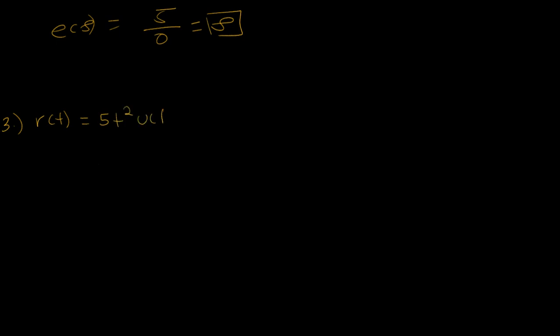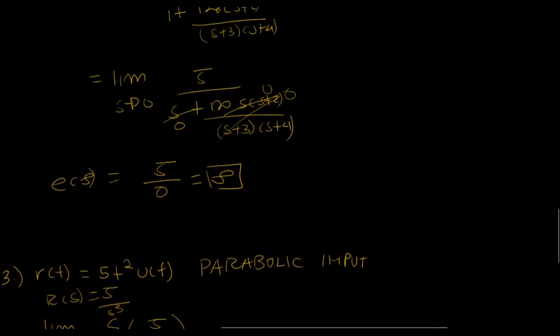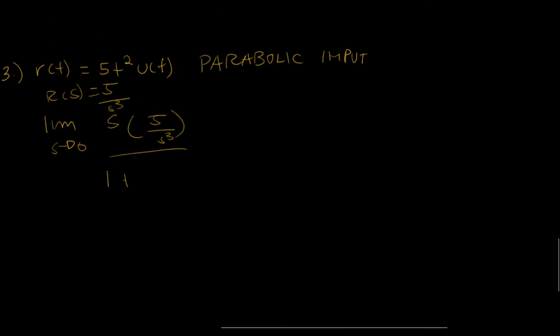Last, for 5t squared u(t), which is a parabolic input. Limit s approaches to 0, s times the Laplace transform, which is 5 over s cubed, over 1 plus 120(s+2) over (s+3)(s+4).